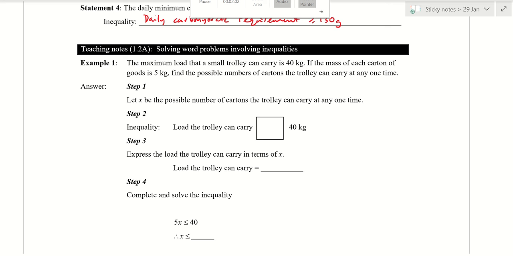So just as how we usually solve our word problems with algebra, we usually let x be the unknown. So in step 1, they want us to find the possible number of cartons, so we let x be the possible number of cartons that it can carry. The next step is to form the inequality. Now the load that a trolley can carry is less than or equal to 40 kilograms.